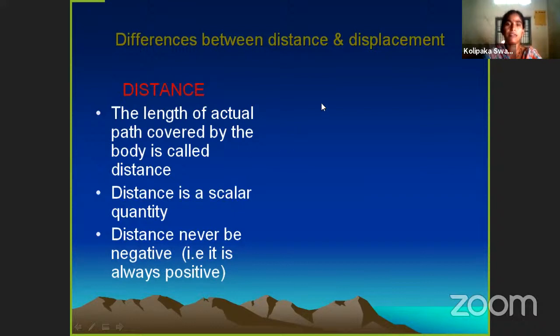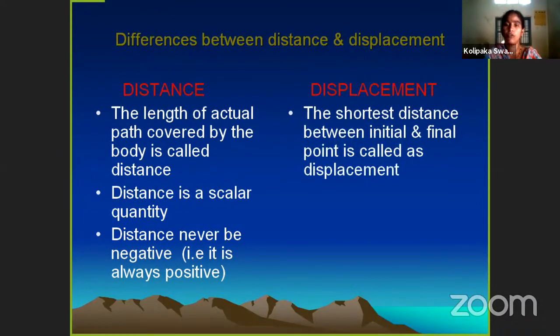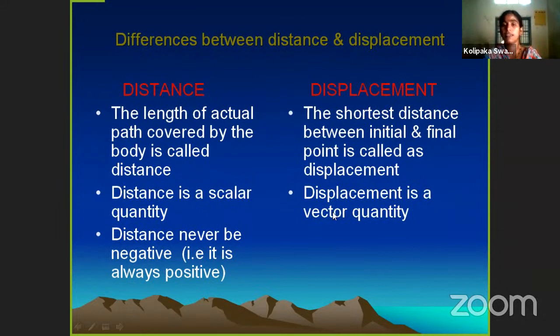Next, displacement. Displacement means what? The shortest distance between the initial and final point is called displacement. And displacement is a vector quantity. Vector quantity means it has both magnitude and direction.